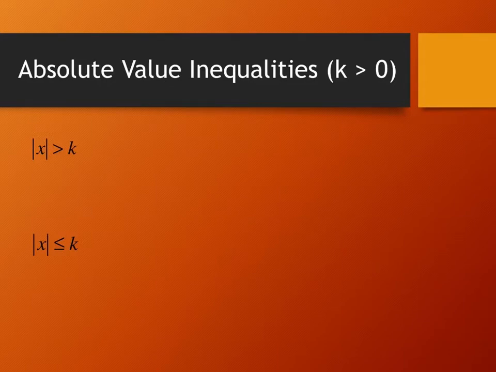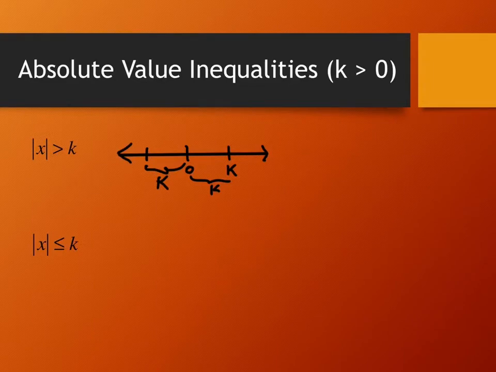If I want my distance here to be greater than a value, think about a number line. Here's my number line. I am going to include the number 0 because when we talk about absolute values, we're talking about distance back to 0. And if I have a distance that's k away on both sides, and I want the distance to be greater than k away, if I am further away than k, then I would need to be shading on the outsides.